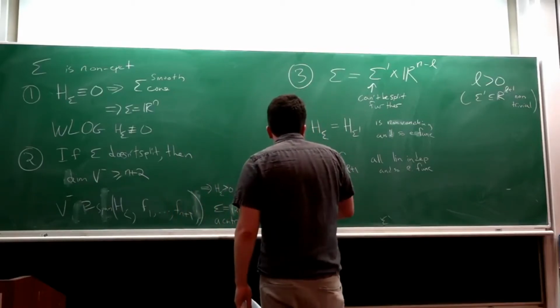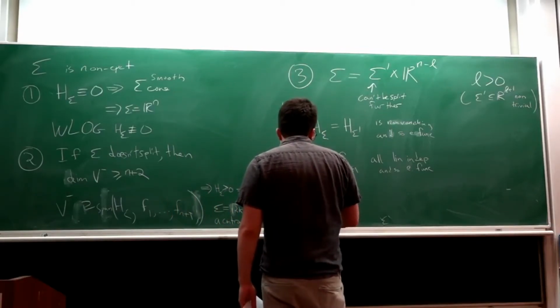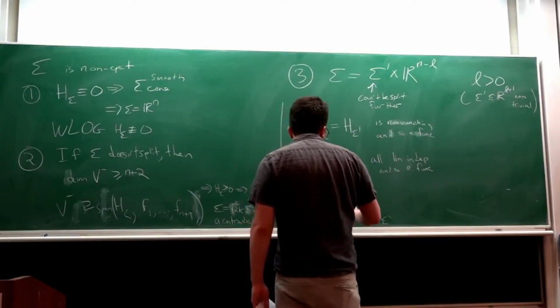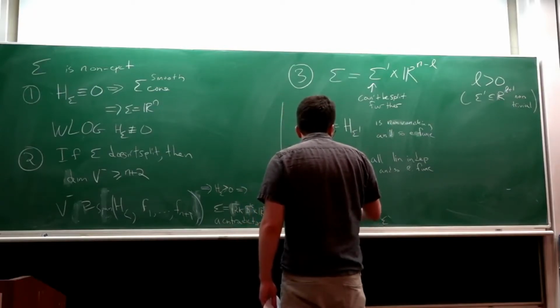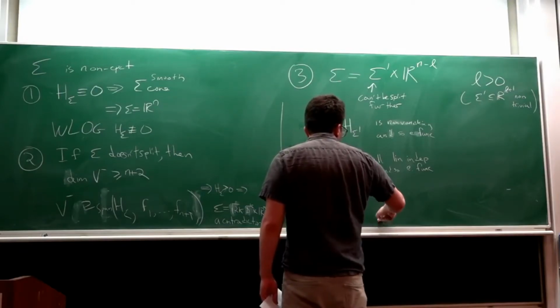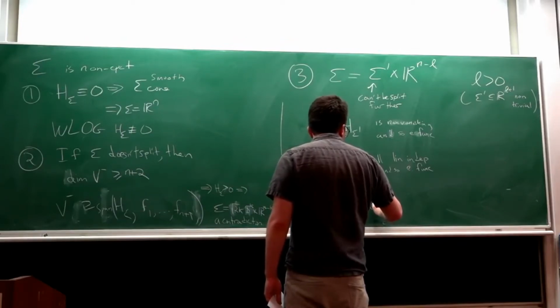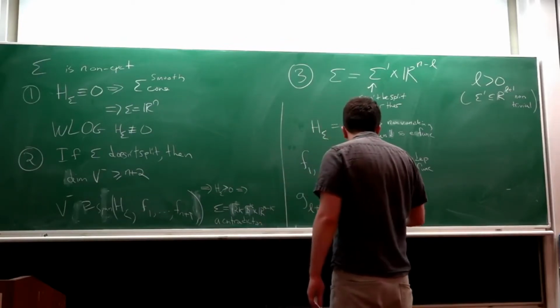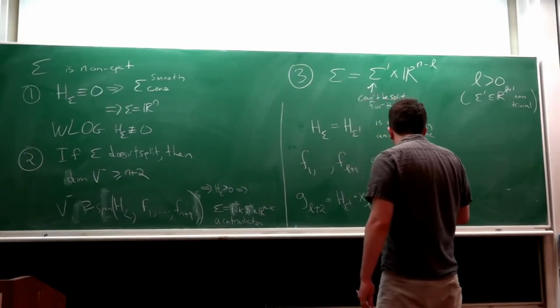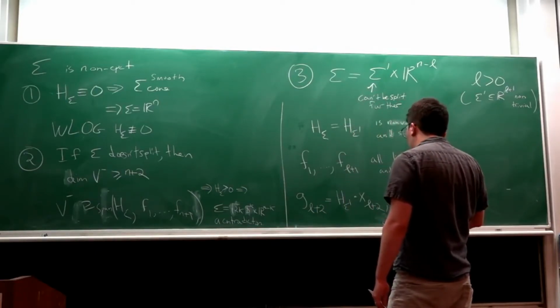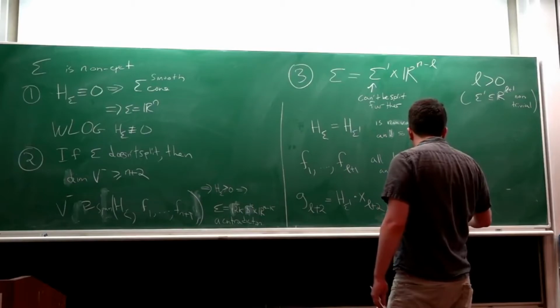But we actually can define G l plus 2 equal to the mean curvature of sigma prime times the coordinate function x l plus 2, and similarly G n plus 1 equal to the mean curvature of sigma prime times x n plus 1.